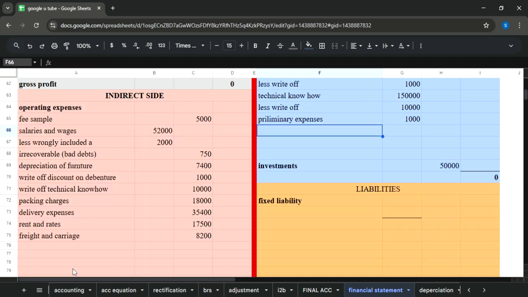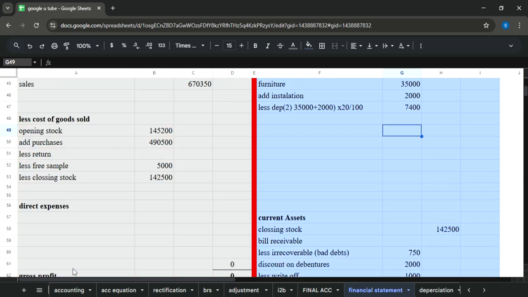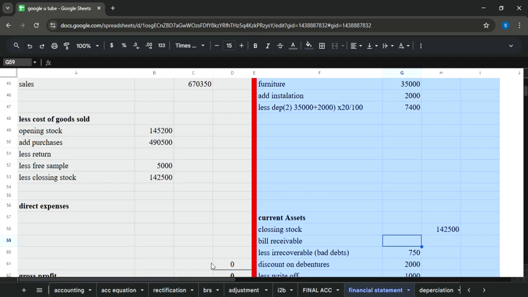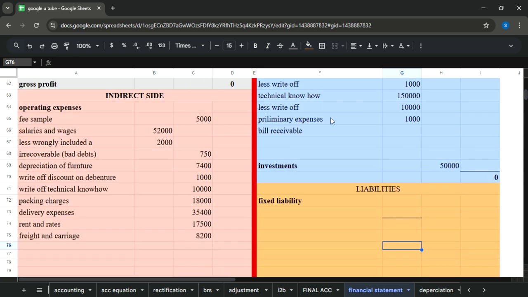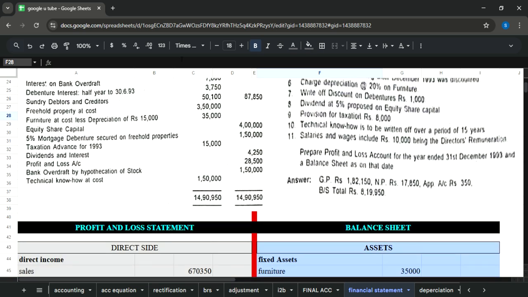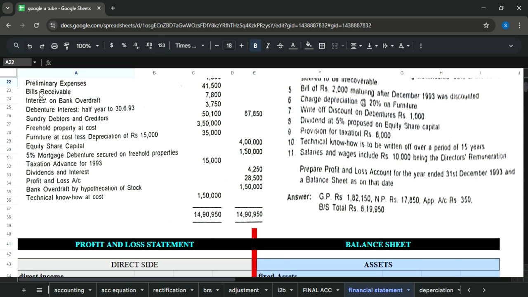Then we have bill receivable, part of current asset, and here you will mention bill receivable, and we have written already. Okay, this is bill receivable already mentioned. Let's see how much amount, that is 41,500. In current asset side you will be writing it. After bill receivable, note carefully, we have interest on bank overdraft, 7,800.